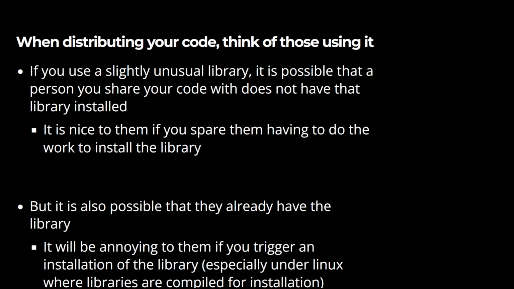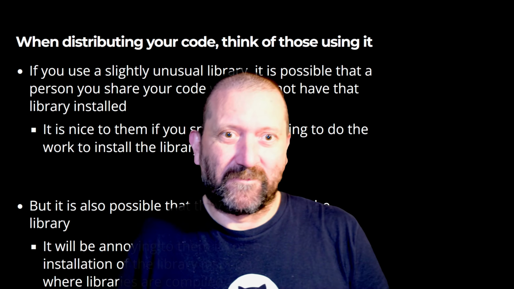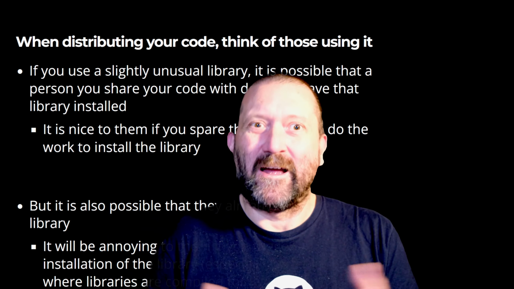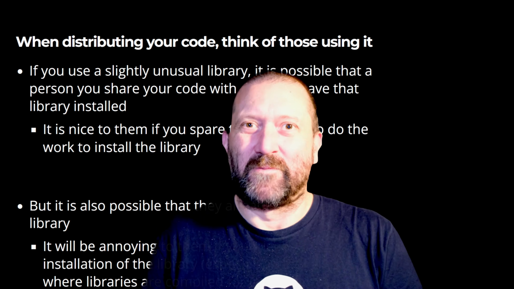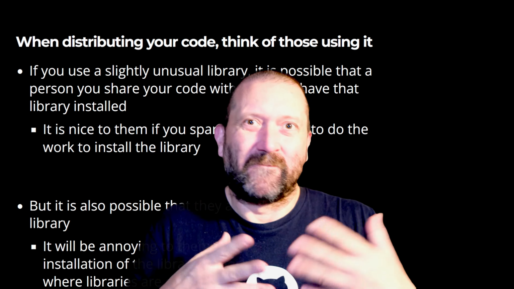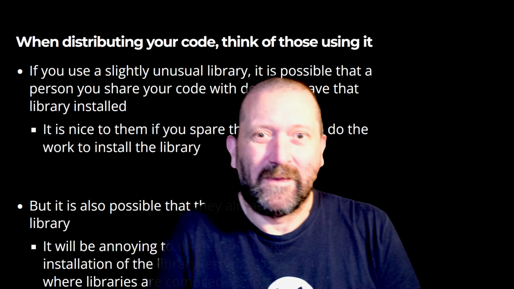If you are using an unusual library, it's possible that the person that is going to run your code does not have that library installed. As I pointed out, there are 20 or so thousand libraries in CRAN, so it is very common that you'll end up using a library that the person that you are sending your code to is not aware of.